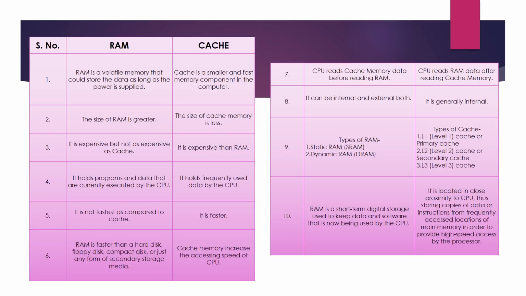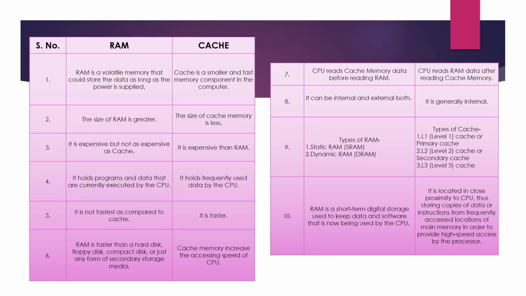Next, there's a major difference between cache and RAM. Cache is smaller but fast memory. Both are volatile memory, RAM and cache. But cache is much faster than the RAM, and it's smaller in size, and RAM is greater in size.